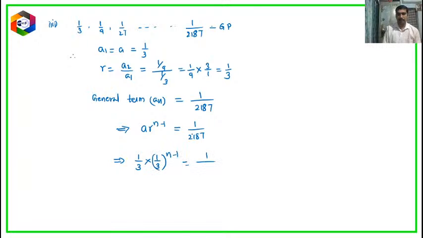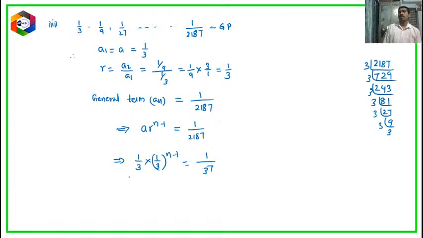This will be equal to 1 by 2187. If you don't know that, let us prime factorize 2187 with 3, it is possible. 3 7s are 21, 3 2s are 6, 3 2s are 6 and 3 9s, again as we discussed previously, 3 2s are 6, 3 4s are 12, 3 3s are 9, again 3 8s are 24, 3 1s are 3, and next 3 27s, 3 9s and 3 3s, which you can observe, 1 2 3 4 5 6 7, so this is 3 power 7.